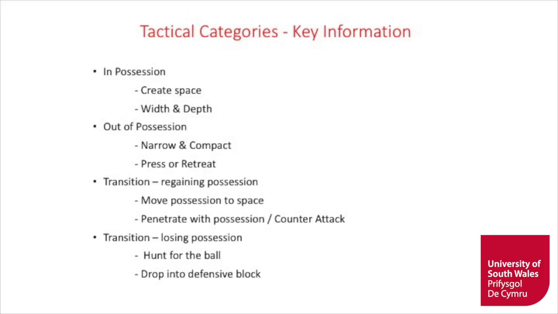And do we go and press the ball or do we retreat? The transition of regaining possession, do we move possession into space or do we penetrate with possession and look to counter-attack? Then for the transition of losing possession, do we go and hunt the ball as soon as we've lost it, or is our reaction to drop back into a defensive shape?